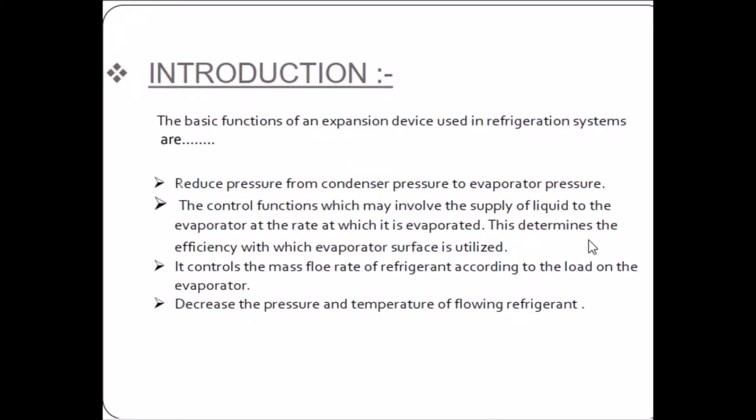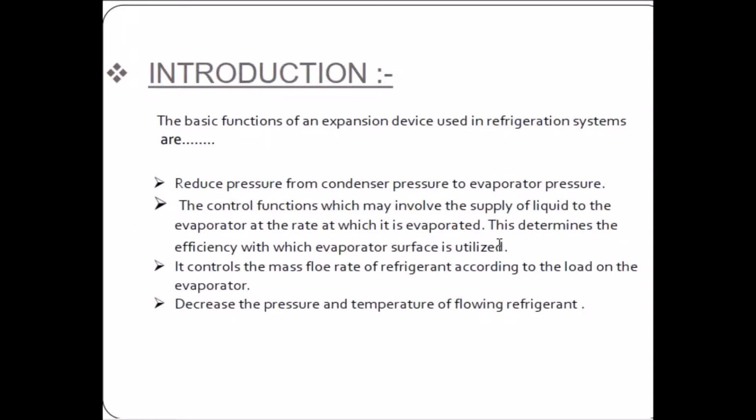This determines the efficiency with which the evaporator surface is utilized. We should control the volume, the supply of refrigerant. That's why in HVAC we can control the temperature by controlling the volume.